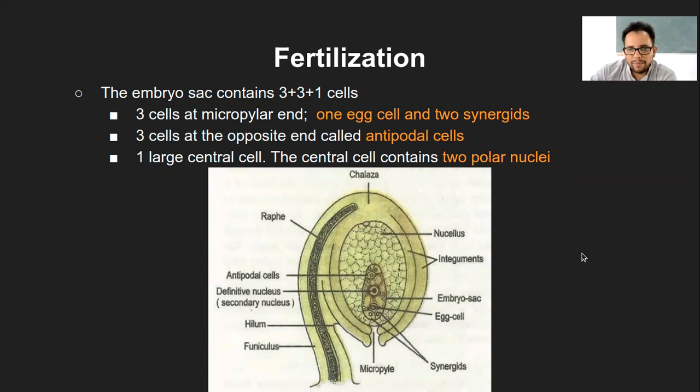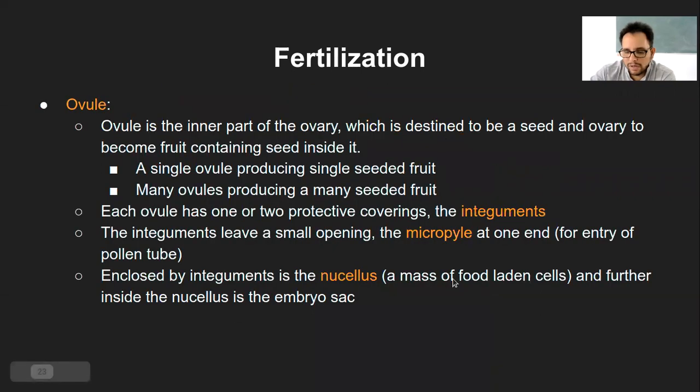Any question here? I will explain the functions of each part being shown in the diagram, but so far, whatever has been taught, are there any questions?